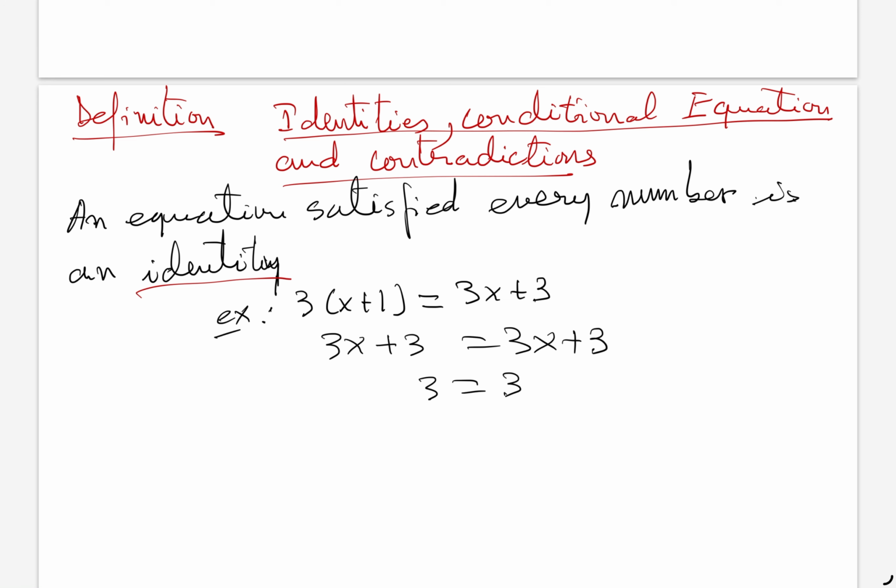And in that case it is a conditional equation.